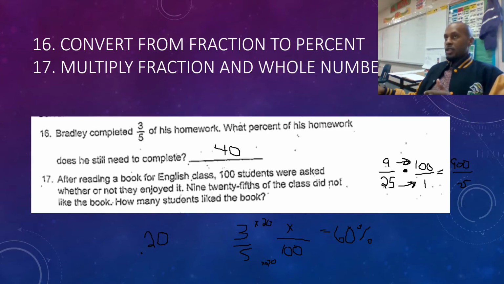So if I got 9 of those, 9 times 4 is 36. So 36 did not like it. Arrow down. So if there's 100 students, how many did like it? Well, I just take 100 minus 36. 100 minus 40 is 60, so just add 4. So 64 did. So 64 liked it. Simple, right?